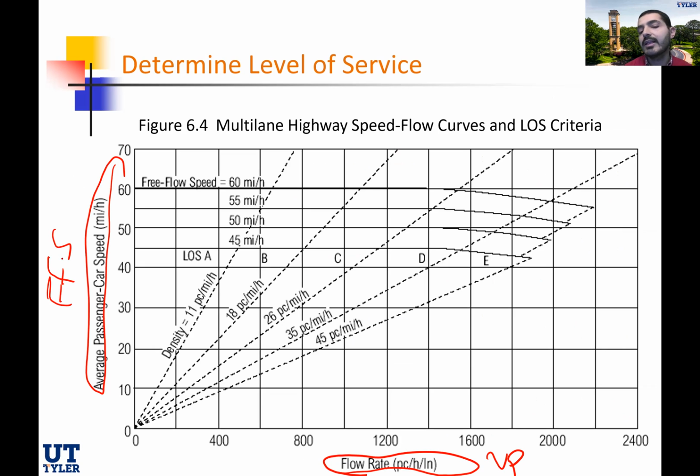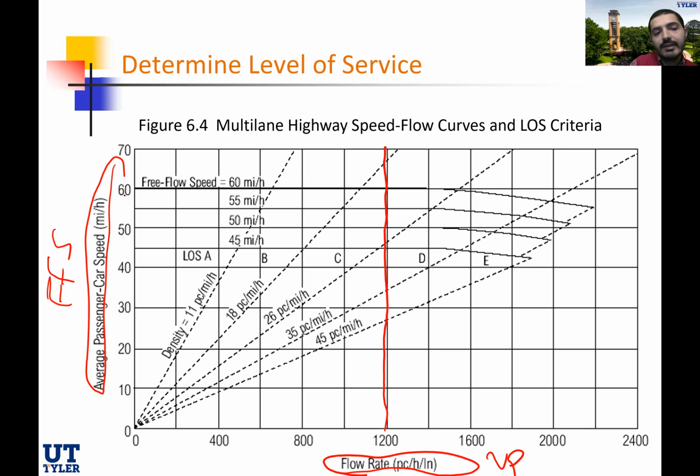So let's say we've gone through the calculation and the flow rate VP is 1200 passenger cars per hour per lane. I'm going to draw a vertical line, and then the free flow speed is 55 miles per hour.